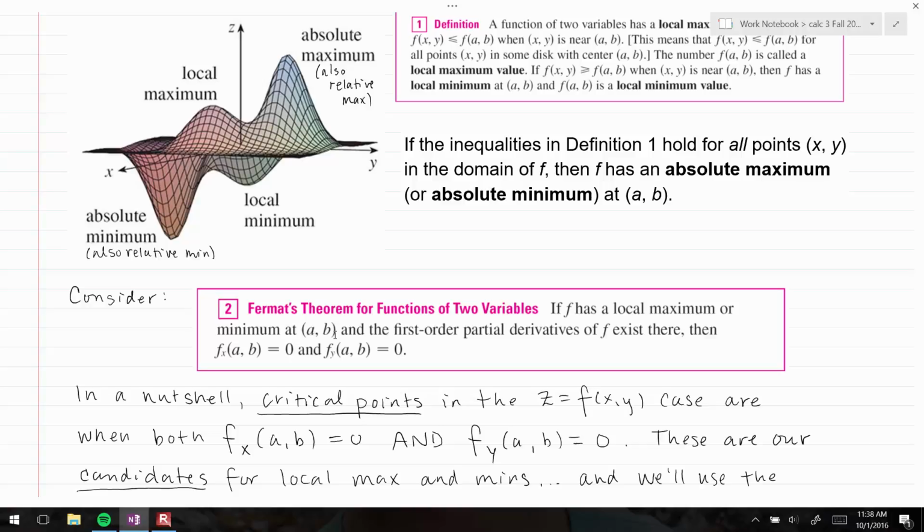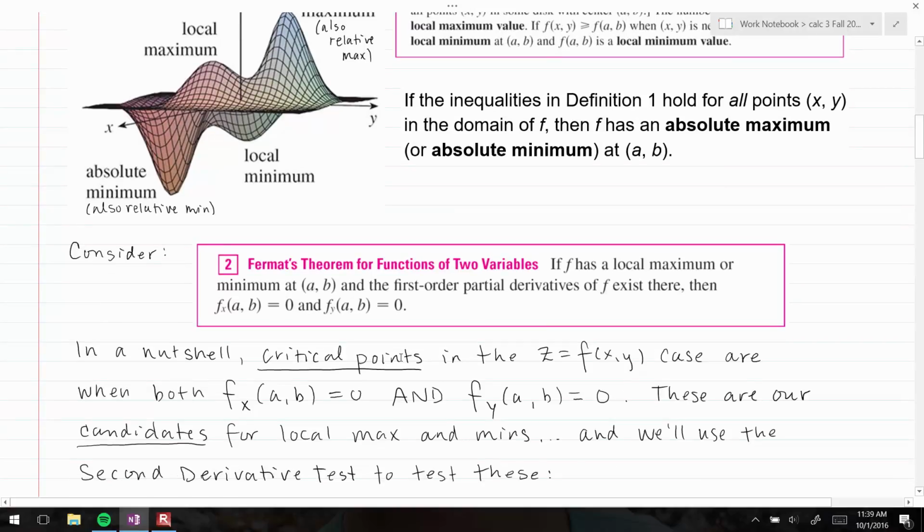This is like the critical points, except that instead of just having the derivative equal to 0, because we only had one variable, now we're saying the partials, because we've got 2 independent variables, x and y, that both of their derivatives have to be 0 at the same time. The "and" here is very specific in math language. It's saying both have to happen at the same time, not just one or the other. In that case, you would use an "or". So both of those have to be occurring.